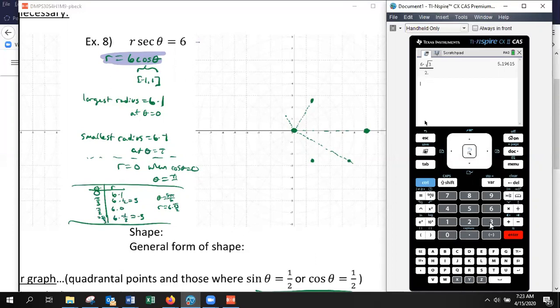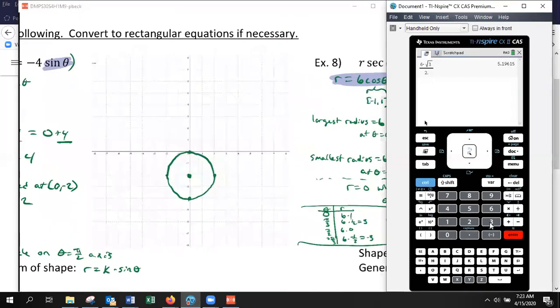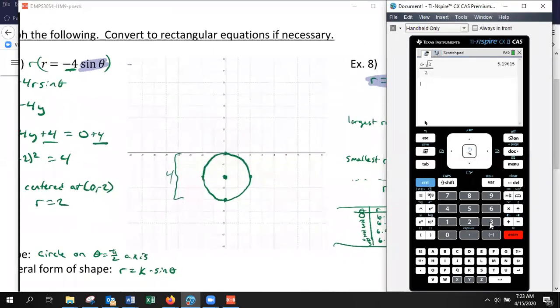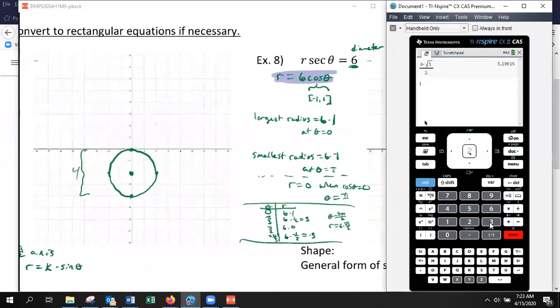Now, as we start focusing a little bit more on what that 6 represents, the 6 actually represents the diameter of the circle. And we could check that with example number 7, that this -4, or more specifically, the 4, ends up being the diameter of the circle that we have here. The reason the negative comes into play is it's downwards as opposed to upward.